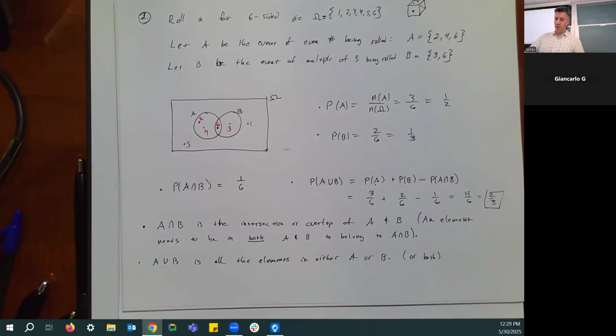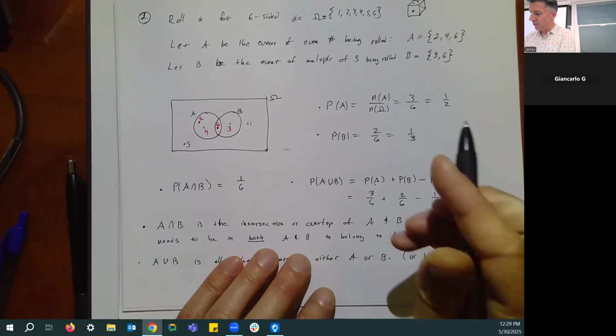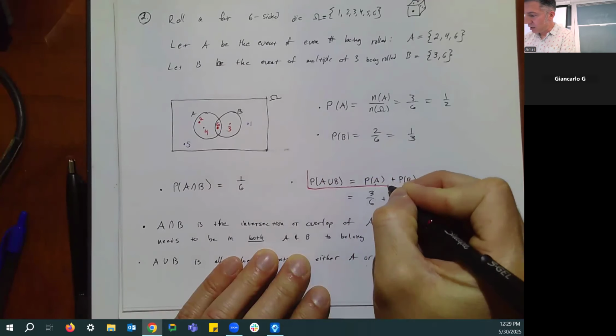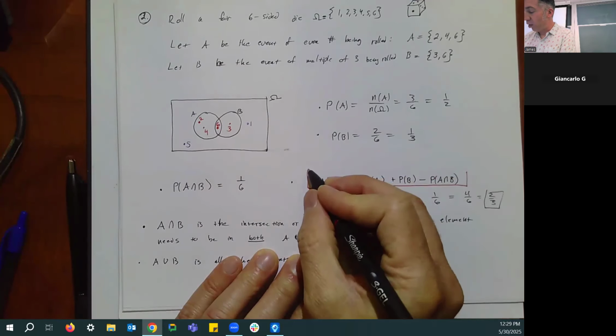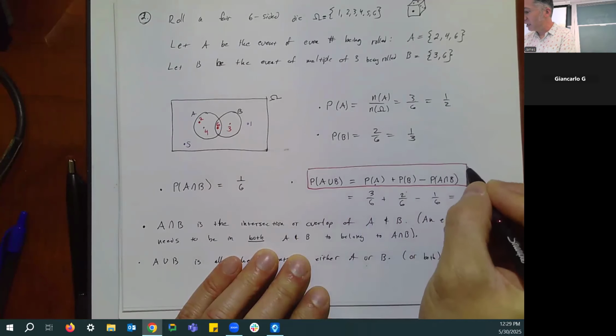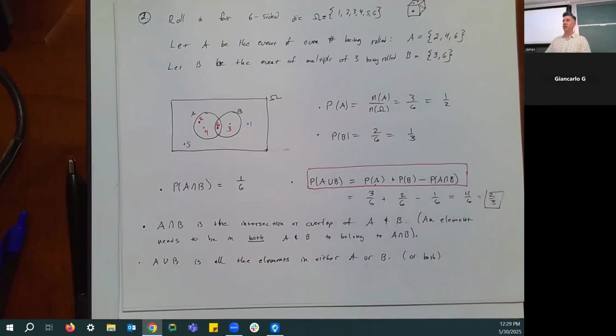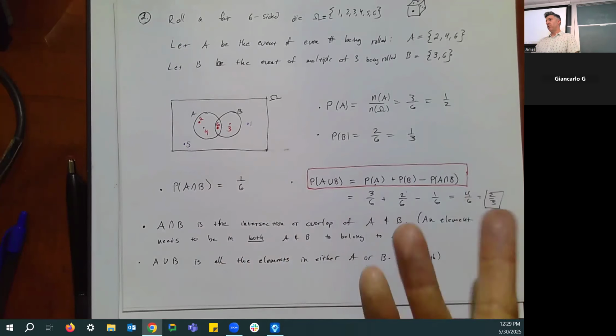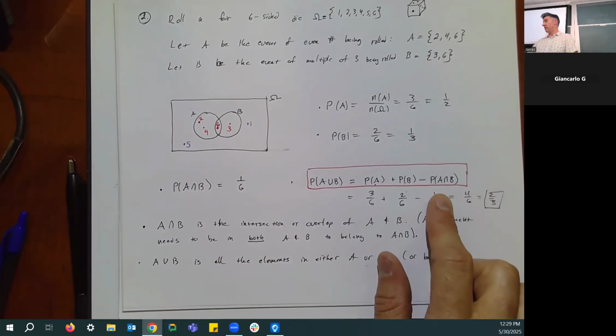So this is the typical formula for the union of A and B. It's the probability of A plus the probability of B minus the probability of the intersection. I will also point out you could flip this equation around and isolate the probability of the intersection.